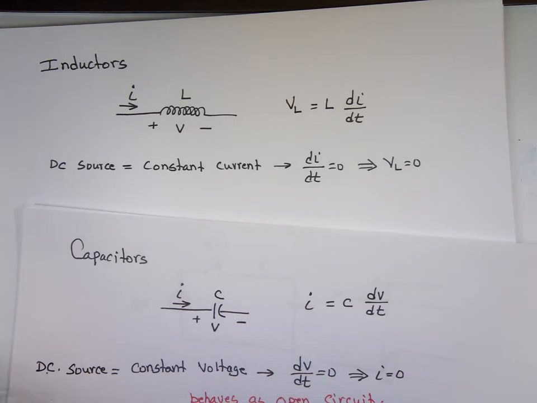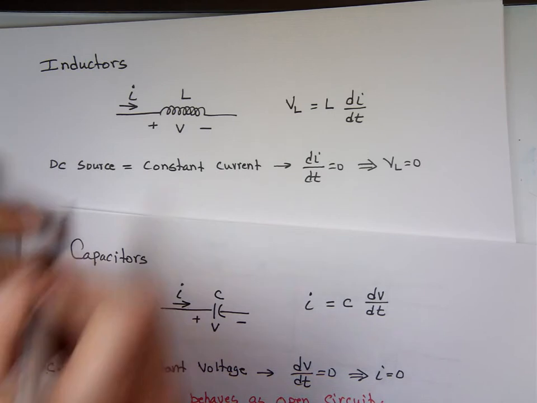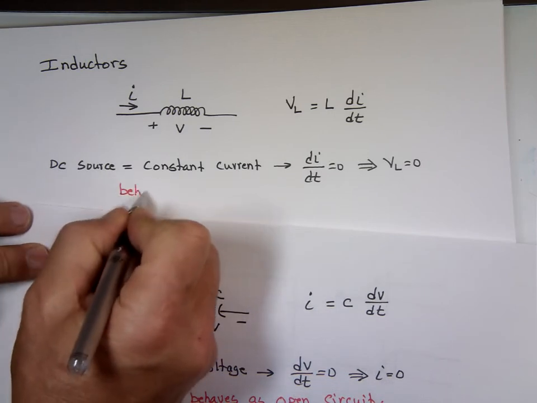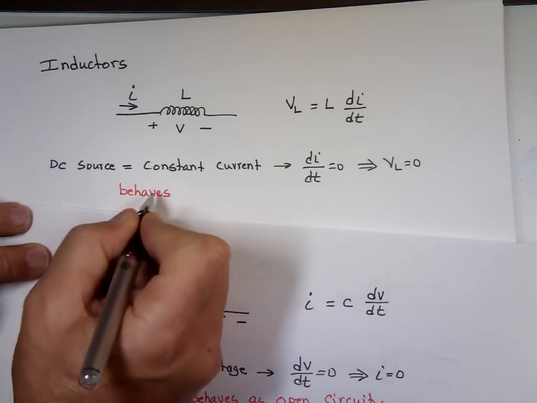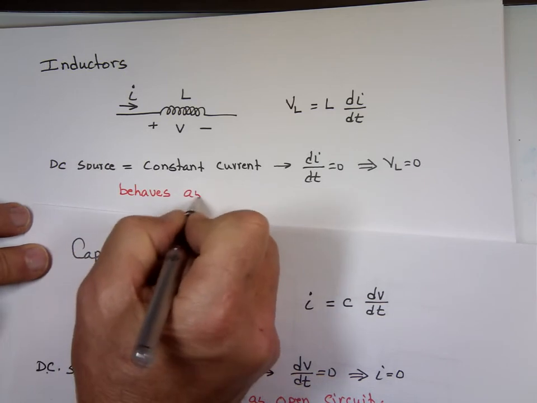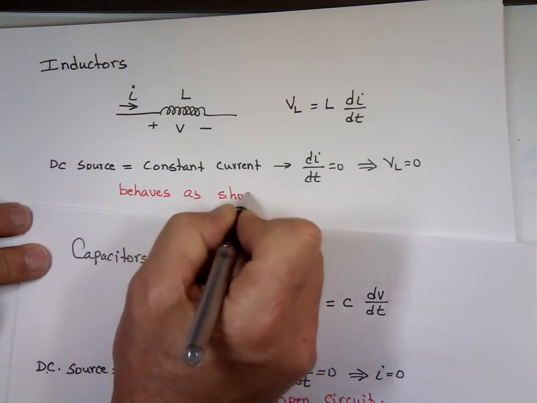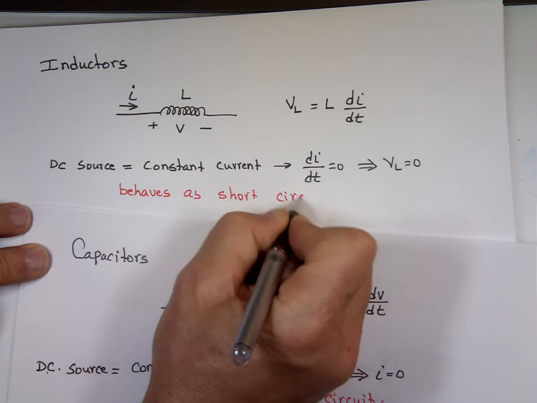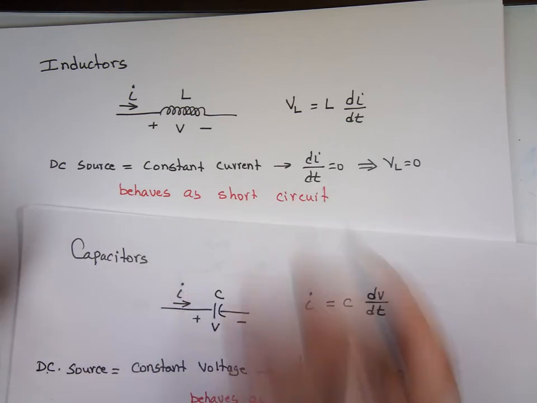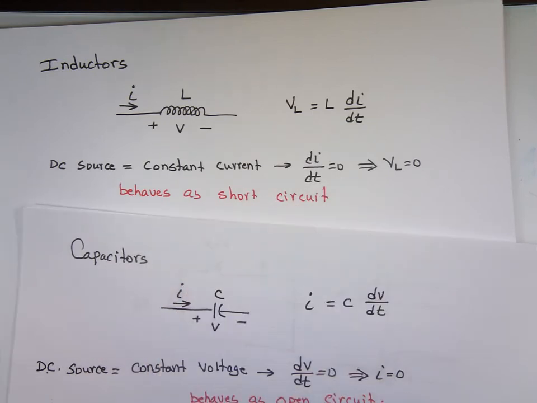For an inductor to have a 0 voltage, that means it's behaving as what? Can't be open. Behaves as a short circuit, a wire. It behaves as a short circuit.